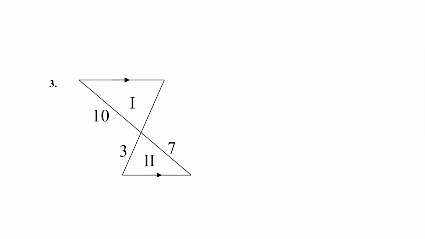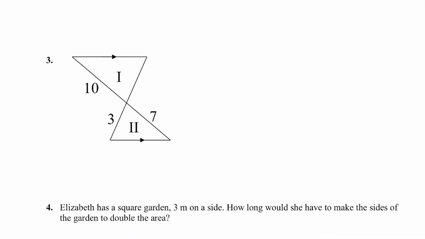All right, next up. For number 3 here, again, it looks like we might have some similar triangles. The important part is how they are similar. I have my side length of 10, and I want to know if the 10 corresponds with the 3 or the 7. That's going to drastically change our answer.